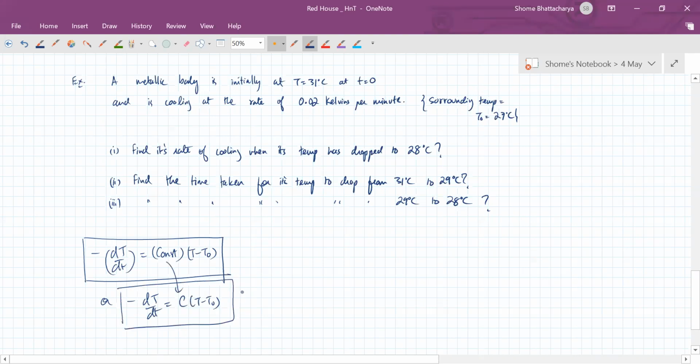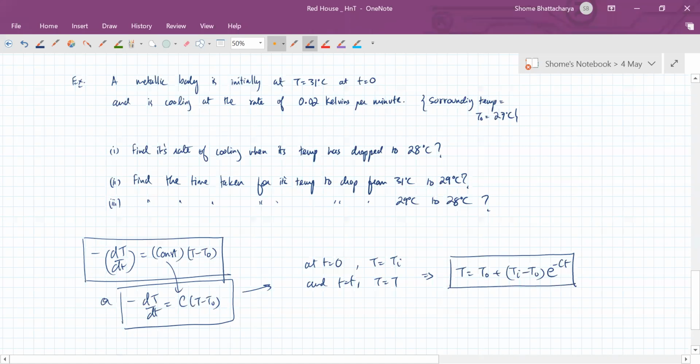But when we integrate this, at t equal to 0 the temperature of the surface is the initial temperature, and at t equal to T the temperature is an instantaneous temperature T. On integrating, we get this relation: T naught plus the initial temperature difference into that exponential factor. And the coefficient of time in that exponential factor is this very constant c.